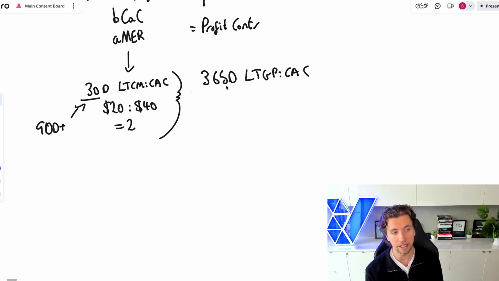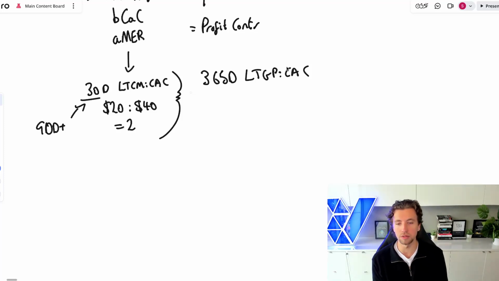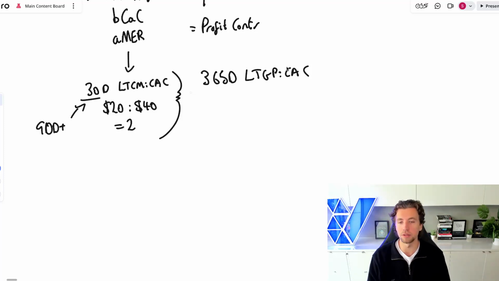Now, monitoring an LTGP to CAC ratio on this type of time range, you can do it, we do it, but this is such a lagging indicator that it's kind of not productive. It's productive for planning in terms of where can we take CAC. But in terms of a 365-day LTGP to CAC ratio eroding over time, you won't know for 365 days if today's cohort is going to be worse than last month's cohort, because it just takes so much time for the cohort to actually come back and purchase. And so in my opinion, it's not even really productive as a performance marketing team to be looking at this metric and trying to optimize towards it over time.